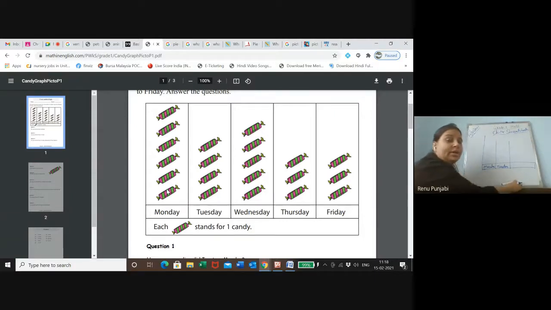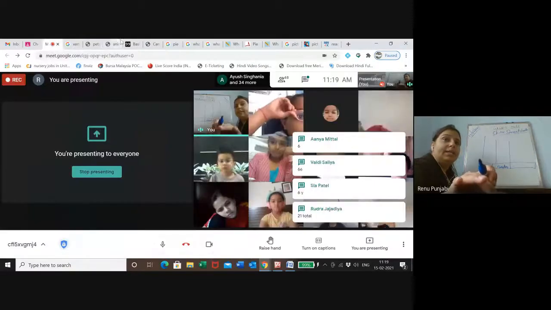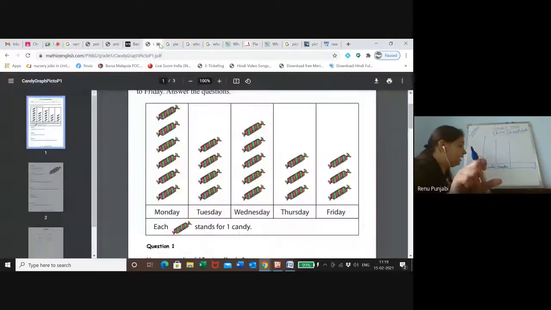If there are subjects like English, Hindi, Maths, and you are doing the pictograph on this, then also the name part will come on the horizontal axis, and the numerical will come on the vertical.